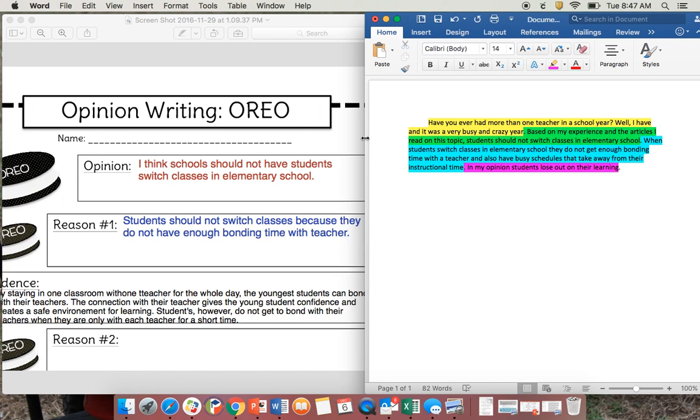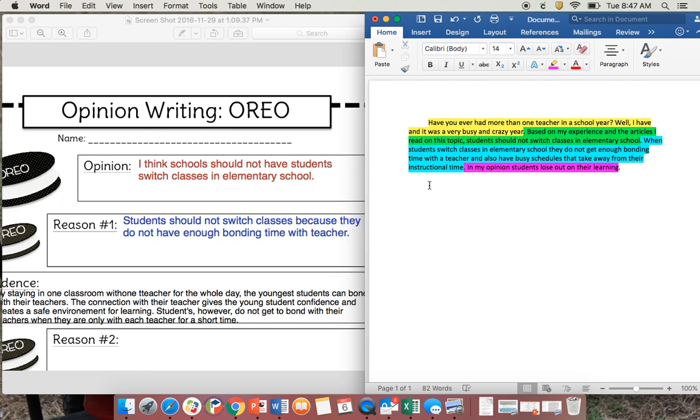If I look over at my Oreo chart, my reason is that students should not switch classes because they do not have enough bonding time with their teacher. That is what I want in my introductory sentence because that's showing what I'm going to be talking about in this paragraph. Remember, your introductory sentence explains to your reader what your paragraph is going to be about. So I'm going to find a way to turn that statement into a sentence to introduce my paragraph.